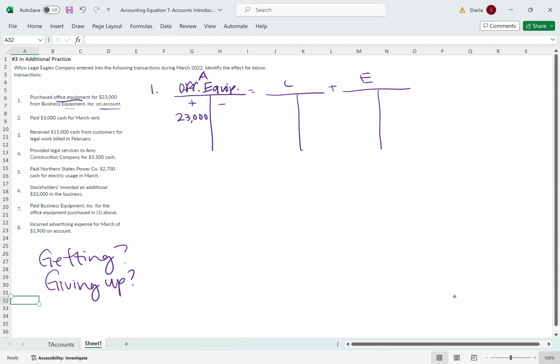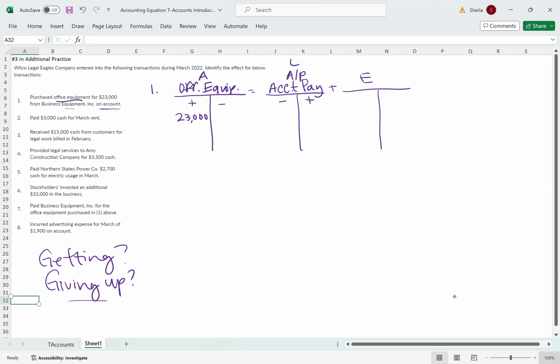So we're getting office equipment, we're giving up our cash, but in the future. And so that gets put into an account called accounts payable, or AP, and that is a liability. Now remember, all liability accounts are increased with credits, decreased by debits. And remember our rule, debits must equal credits.